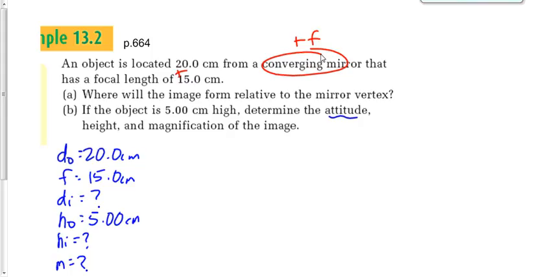We want to find HI, and we want to find the magnification. So we've got 3 variables. We're looking for 3 variables. Odds are we're going to use both equations. I'm going to start off with the mirror equation. For whatever reason, that's the one I prefer to use. I don't know why. Plug in our numbers, see if we can get something. 1 over 15 is equal to 1 over 20 plus 1 over DI.